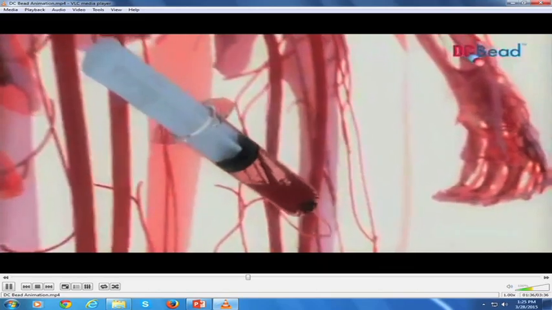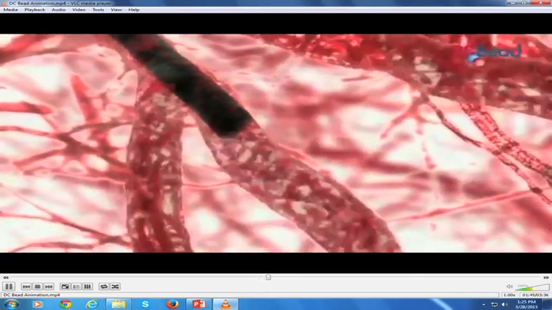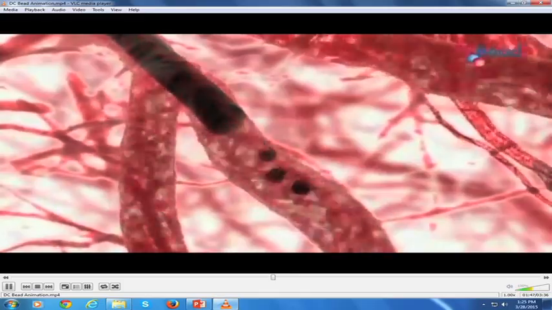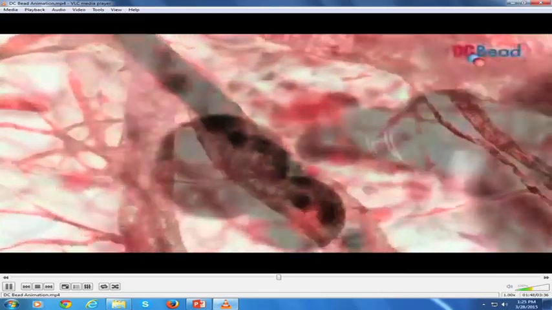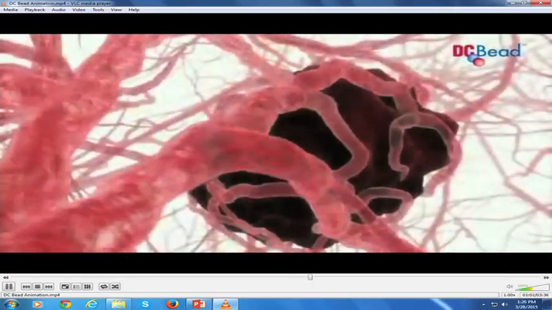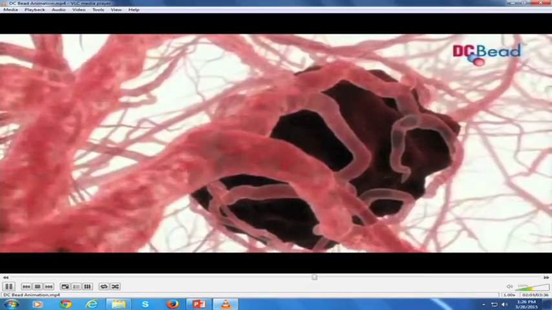Following angiography, the catheter is inserted into the common femoral artery and then carefully positioned in the feeding vessel of the tumor. DC bead is slowly injected into the catheter. The DC bead drug delivery embolization system has been specifically developed to contain the chemotherapeutic drug until it reaches the tumor, maximizing tumor delivery and minimizing systemic exposure.